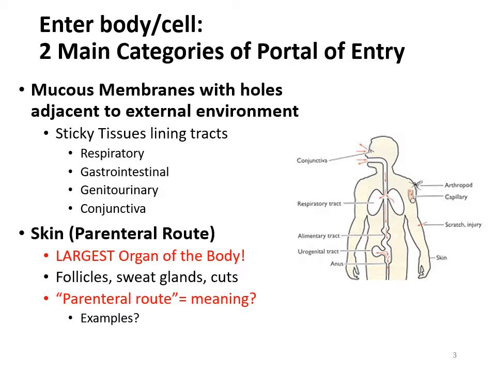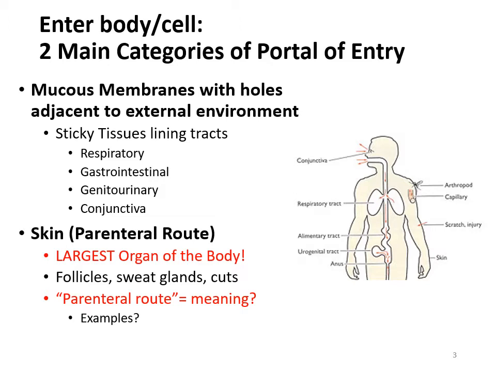But even though it's very good at protecting us, a lot of microbes end up penetrating the skin barrier and entering through the parenteral route. Parenteral route simply means that a microbe enters your body through a break in the skin.